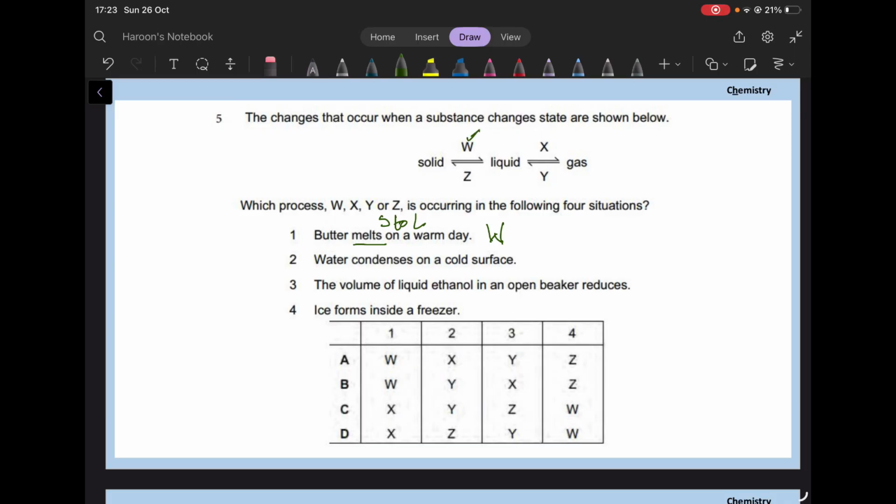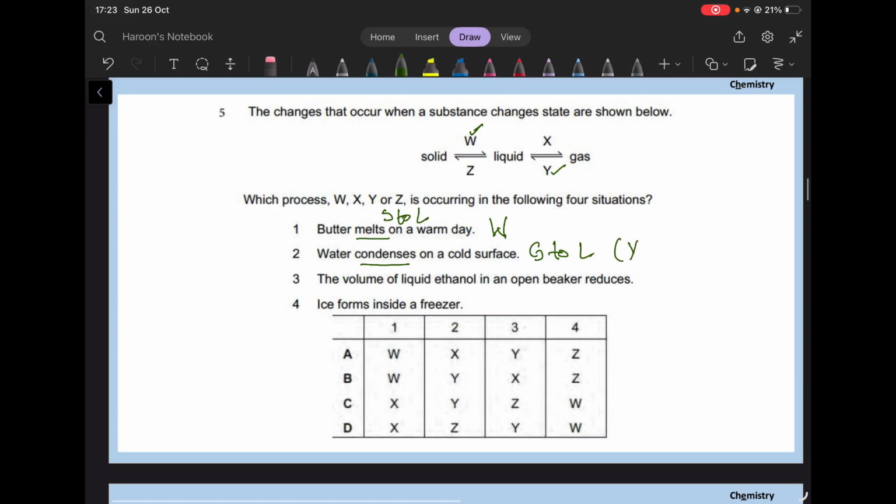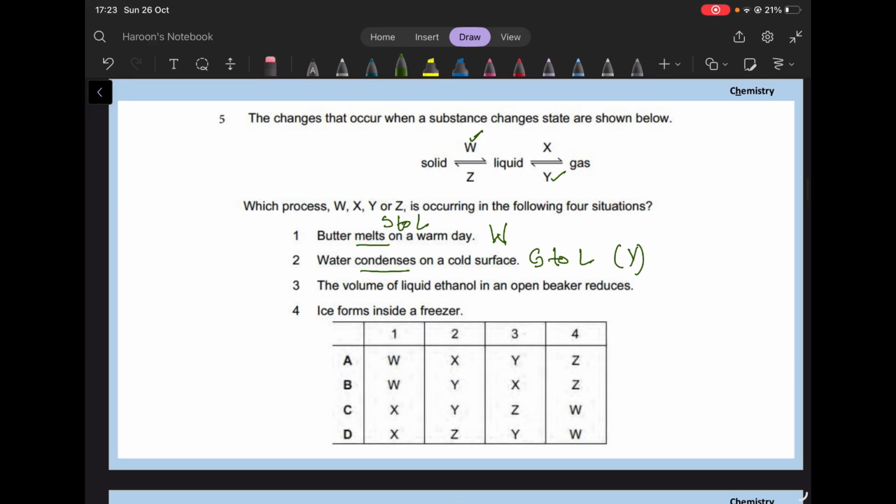Now next, water condenses on a cold surface. Condensation is from a gas to a liquid state, and gas to a liquid state is Y. So I'll write Y over here. Next, the volume of liquid ethanol in an open beaker reduces. So basically evaporation is occurring.